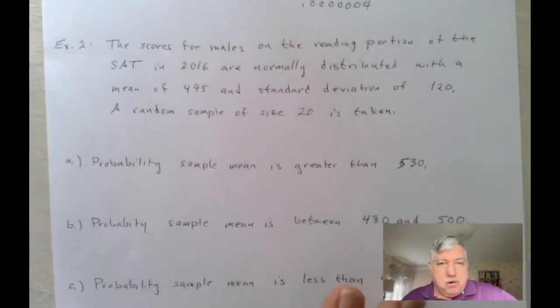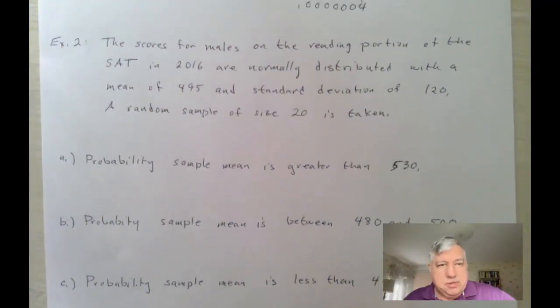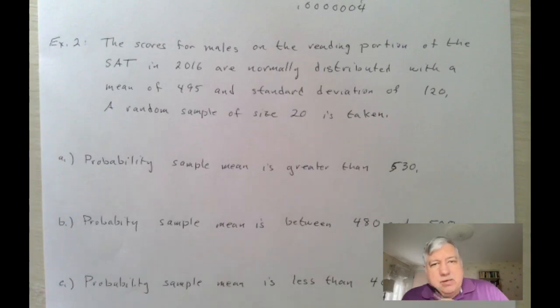This has a little more context to it. The scores for males in the reading portion of the SAT in 2016 were normally distributed with a mean of 495 and a standard deviation of 120. A random sample of size 20 was taken.